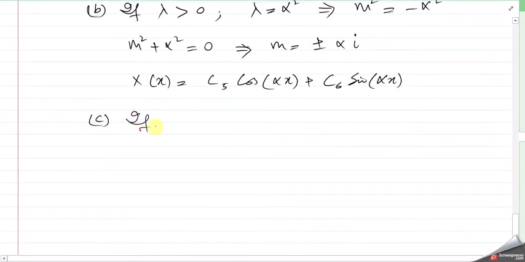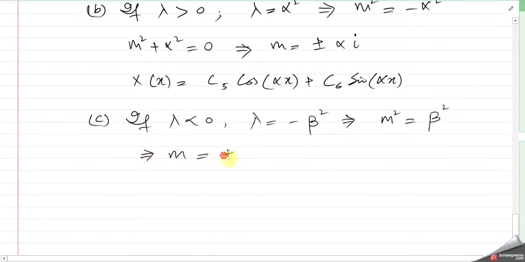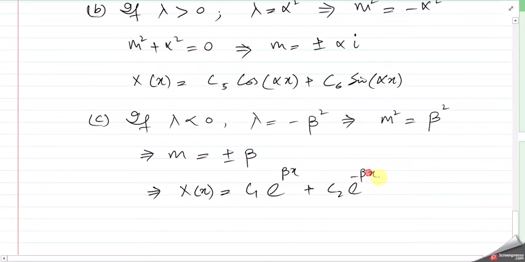Third possibility is if lambda is negative. So what we will do is put lambda equals minus beta square, just to make it different. This implies m square equals beta square, or in other words, m equals plus minus beta, real roots, and that gives X of x equals c1 e to the power beta x plus c2 e to the power minus beta x.